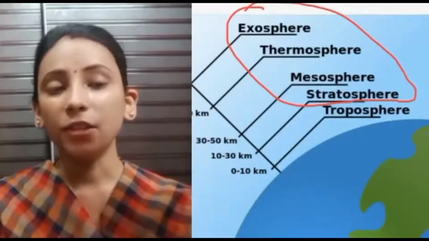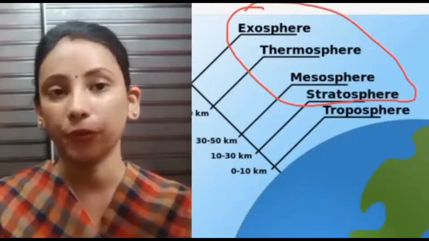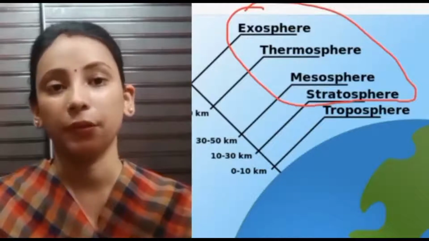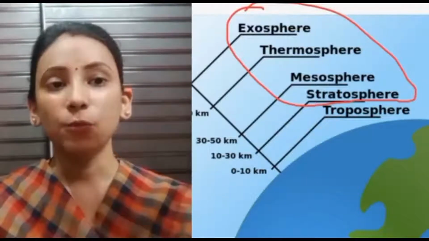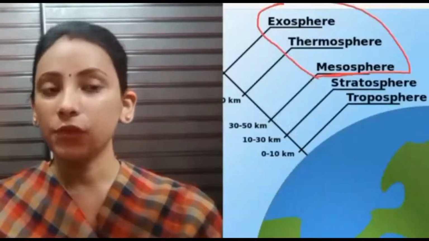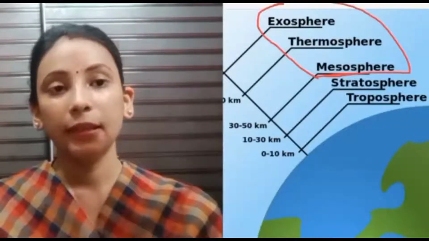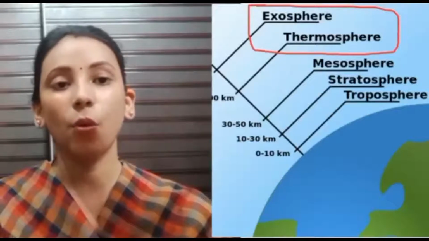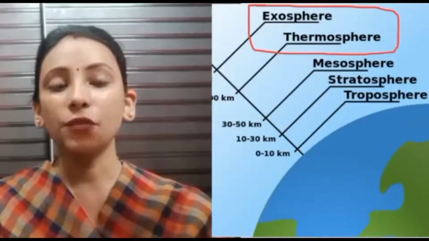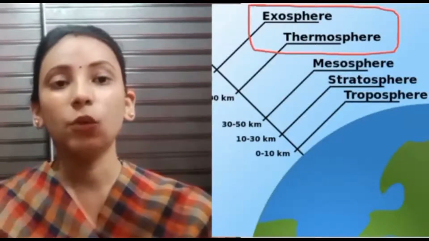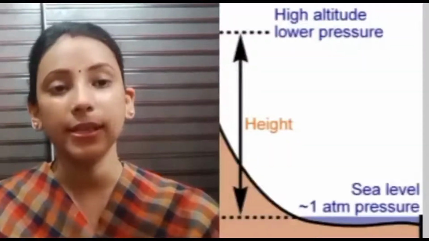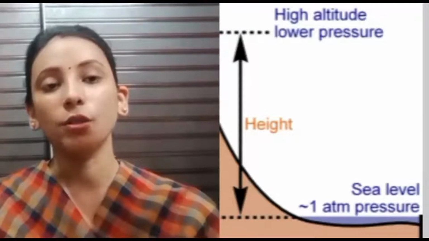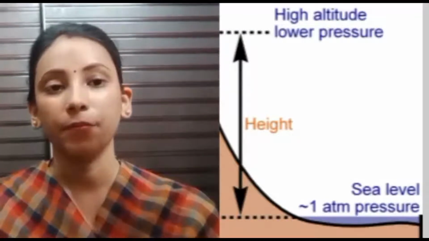There is much air above the troposphere, or maximum air above the troposphere. Then this much above the stratosphere. Then this much above the mesosphere, and so on. So as we move upwards, the quantity of air decreases. Therefore, air pressure also decreases.